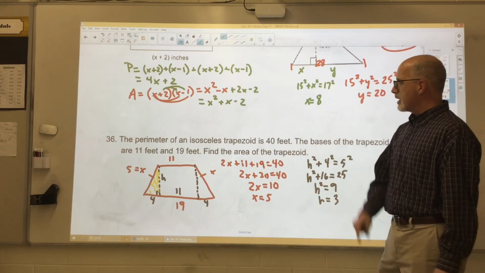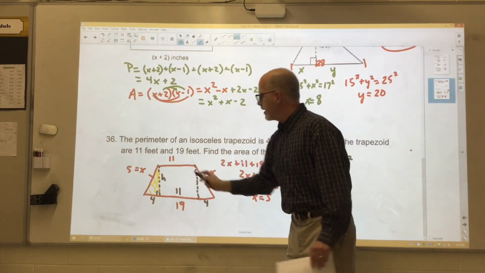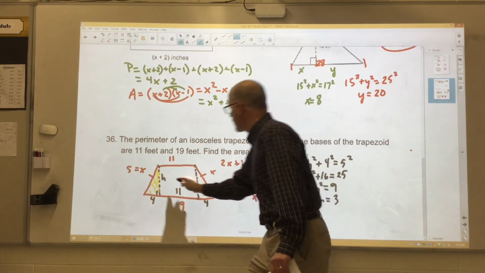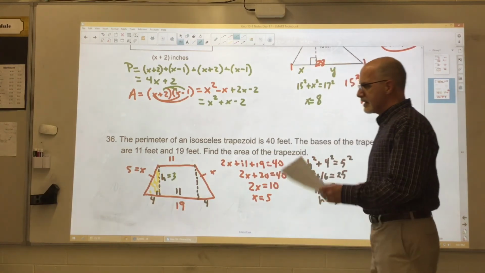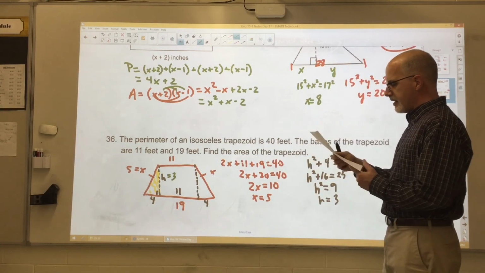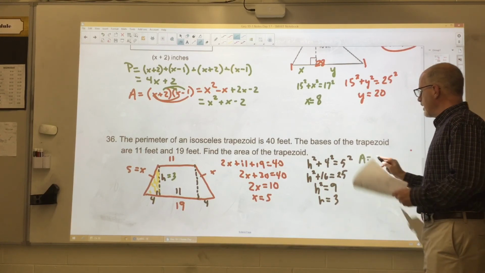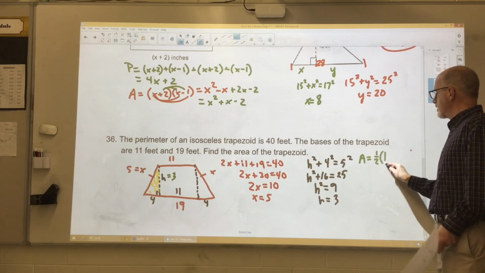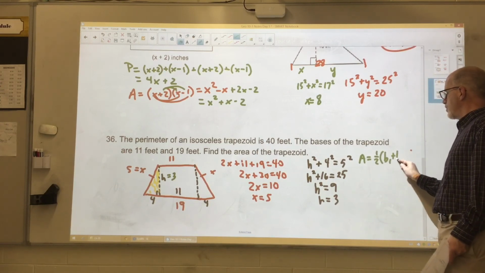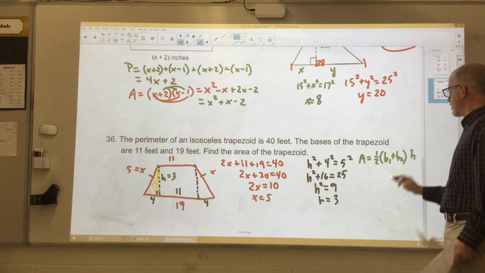All right, so now we can find the area of the trapezoid because we have the height. I'll just put that in here. Height is equal to 3. We've got our base is 19 and our other base is 11. So our formula for the area of a trapezoid is going to be, remember, half the sum of the bases, b1 plus b2, times the height, which is, in this case, 3.